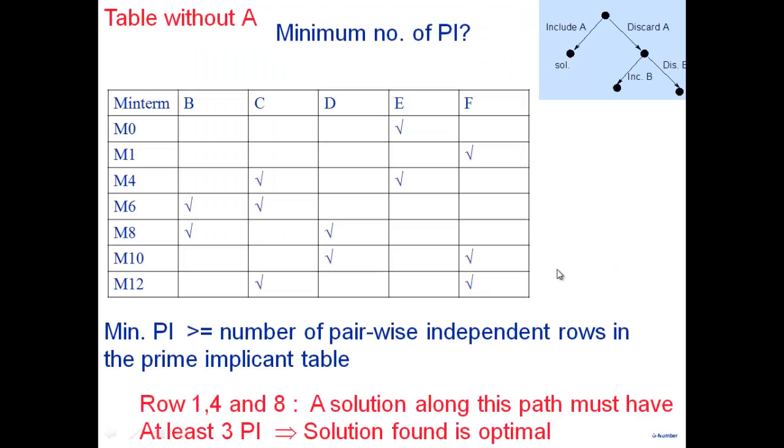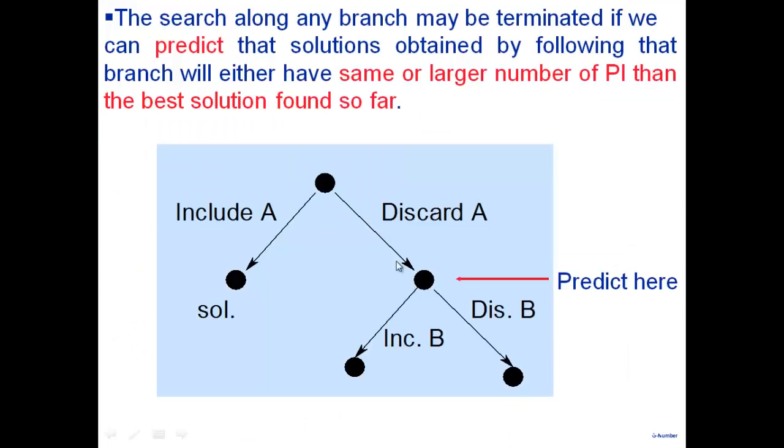Now the issue was, we started by saying include A or discard A. Well, we could have said include B or discard B, include C, we could have started with include D or discard D. Where do we start? What should be our starting point? Which one to include? Because when I look at the table, it doesn't seem that anyone is essential. We don't have any essential prime implicant. So we could start with any.